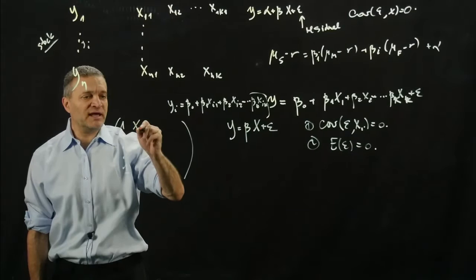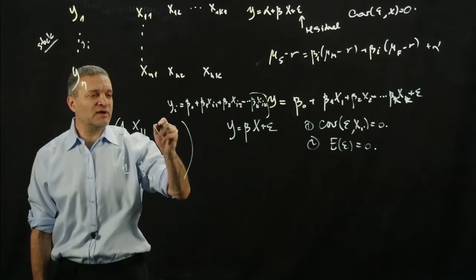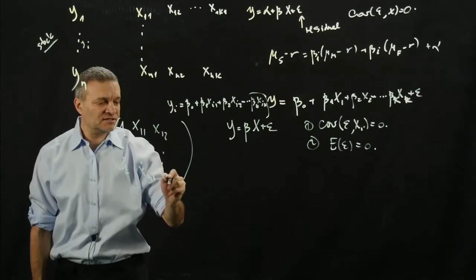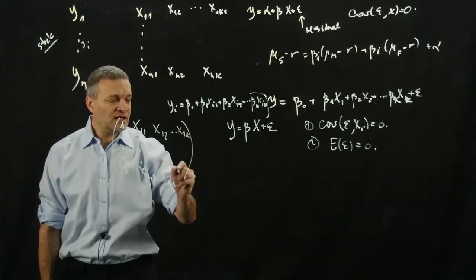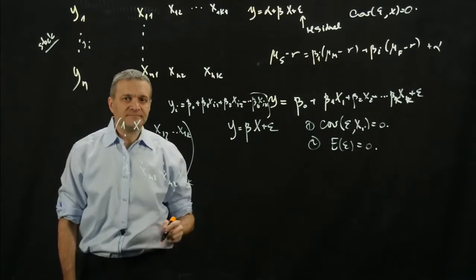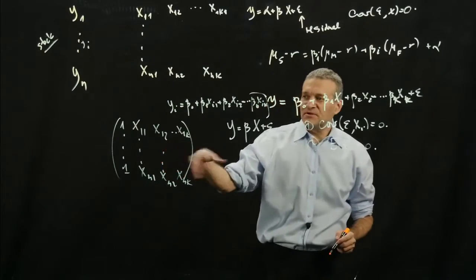Then it's going to go x1,1 until xn,1. Then x1,2 until xn,2. Then it's going to go until x1k, xnk. So that's the setup for the regression.